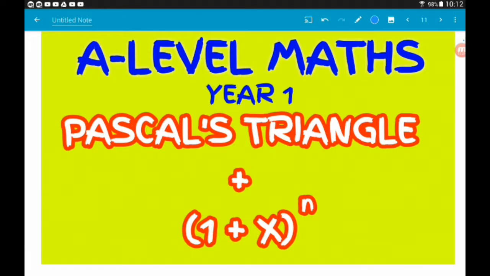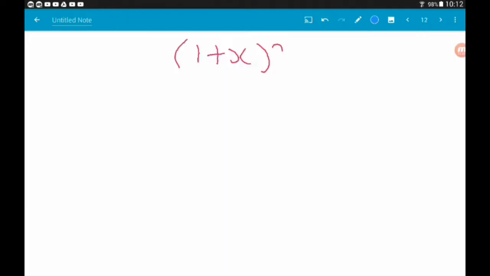So, first up then, expanding 1 plus x to the power of n. So, we're going to start here with 1 plus x to the power of 0. Now, anything that we set to the power of 0 is just going to give us 1.